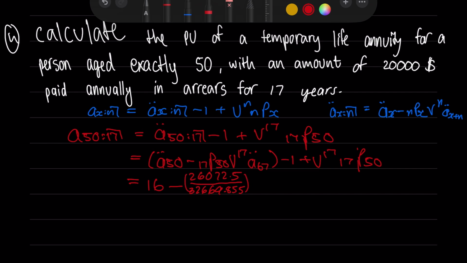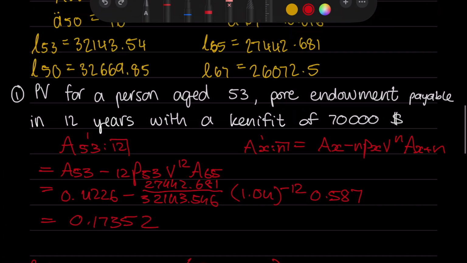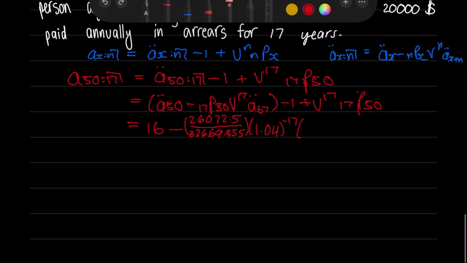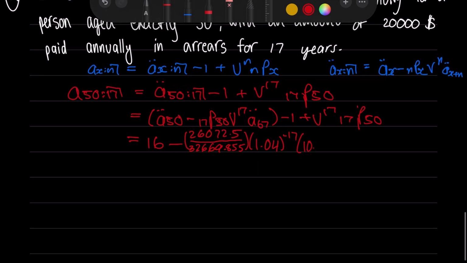That multiplied by the discounting of still 4%, and then A67, which is on your table, 10.016. Minus 1 plus multiplied by 17p50.